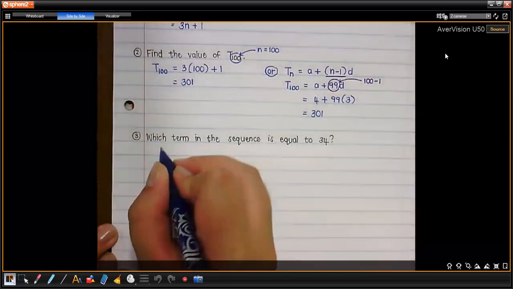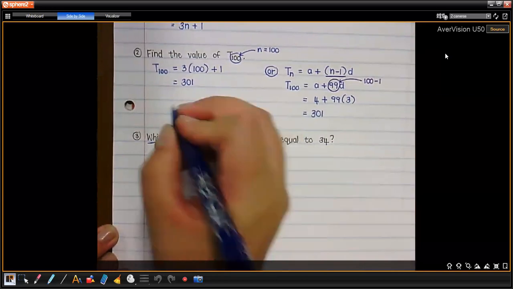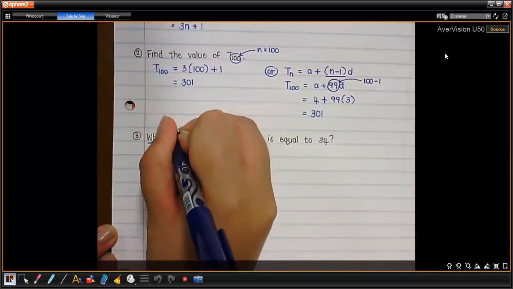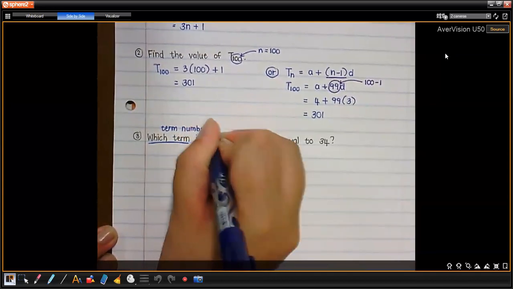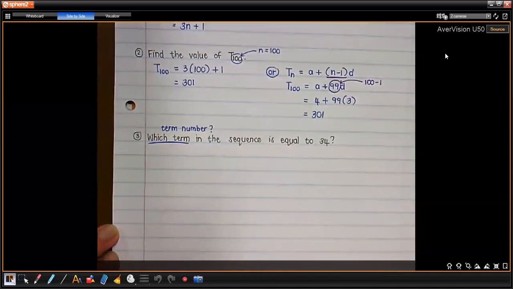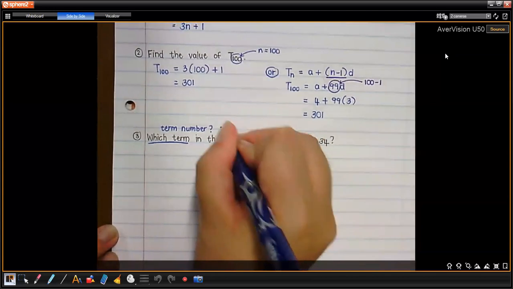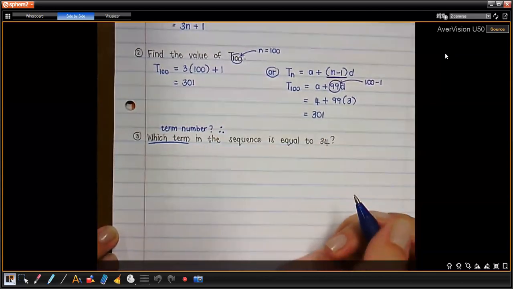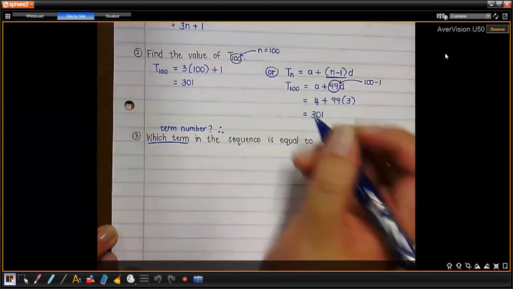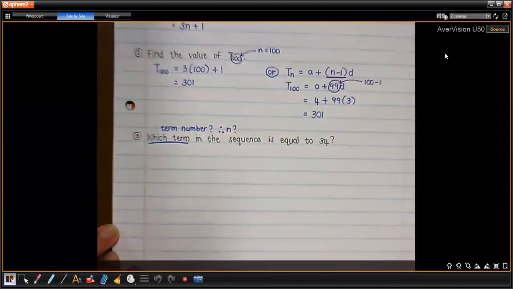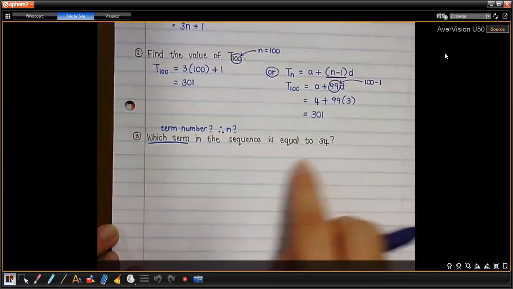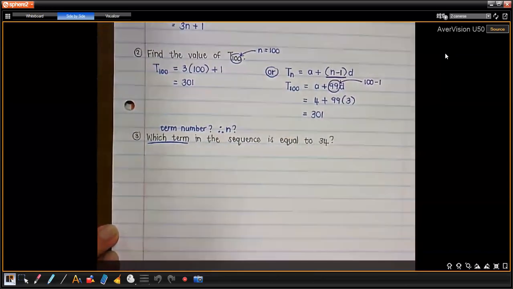Now they're asking which term. So they're asking for the term number. Right? And which variable is the term number in our formula? You wrote it down. The term number is n. Right? So they are actually asking us for the n value that will give us a term which is equal to 34.